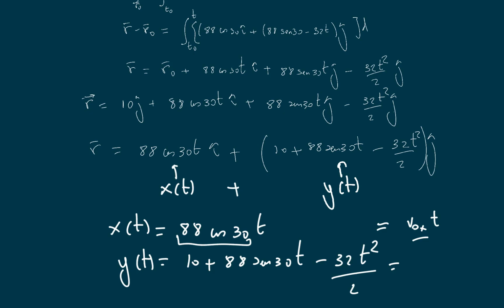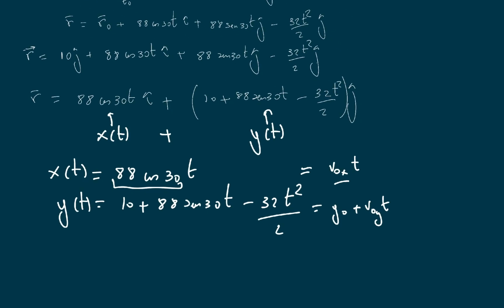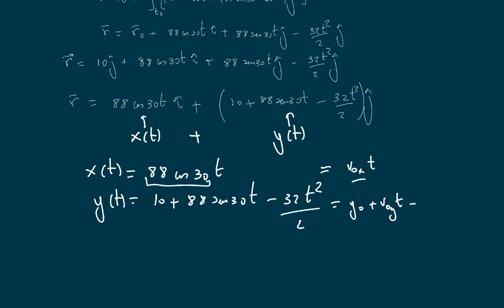And y of t is the 10, that is y0, plus v0y times t, because 88 sine of 30 is v0y, the y component of the initial velocity, minus 16 times t squared.